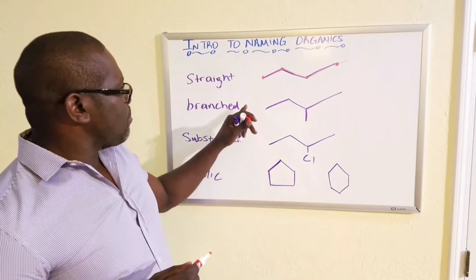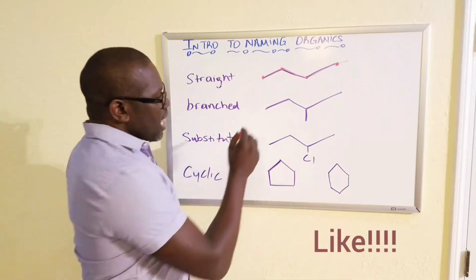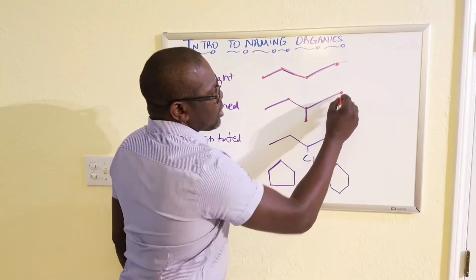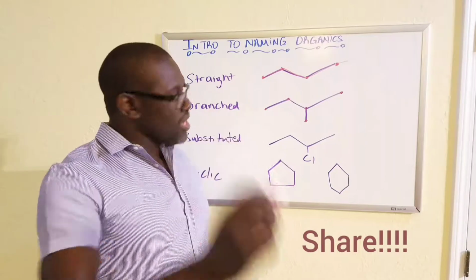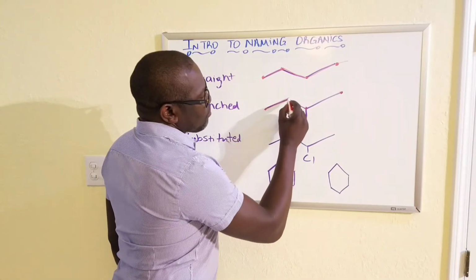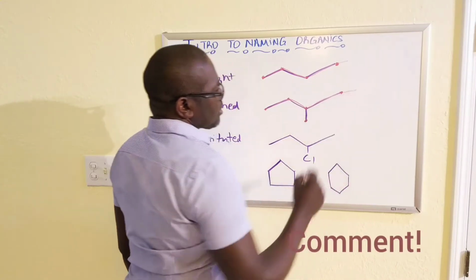Well, let's look at the branched example. How do we know this is branched? So, same thing again. I'm going to use the dots again just to show the carbon atoms so you can clearly see them. Alright, I'm going to take my red marker again and draw a line there. It passes through that one, it passes through that one, and boom, it passes through that one.